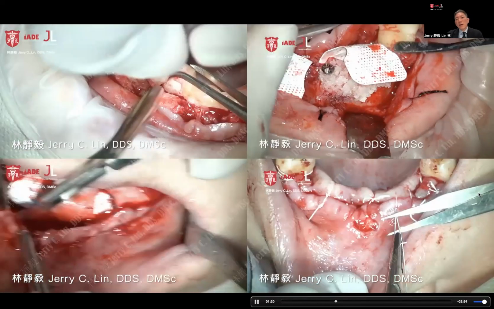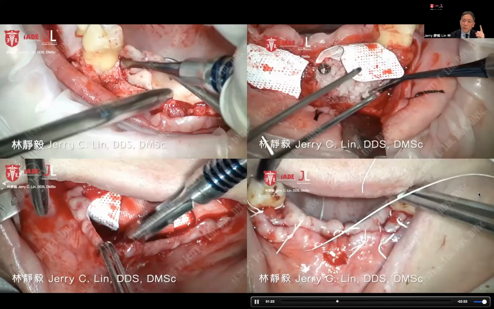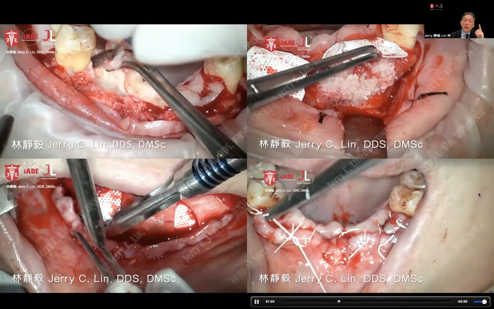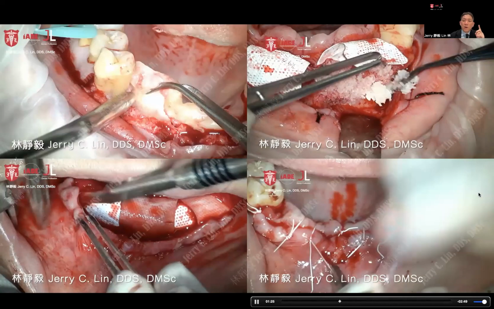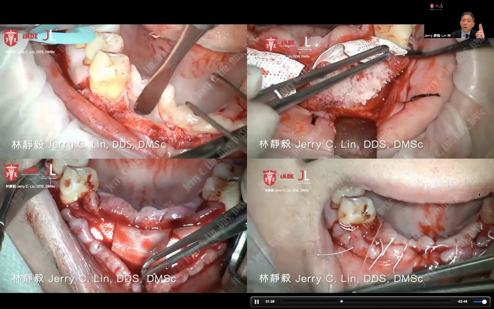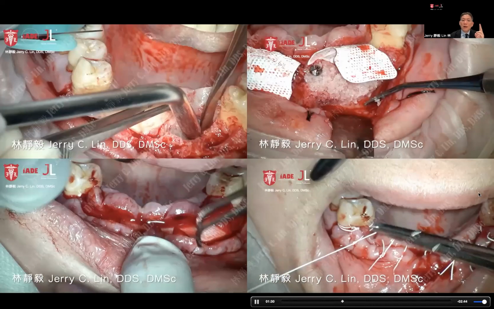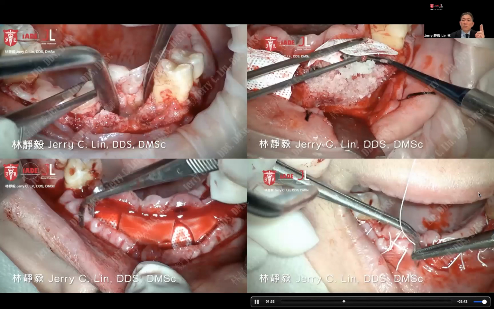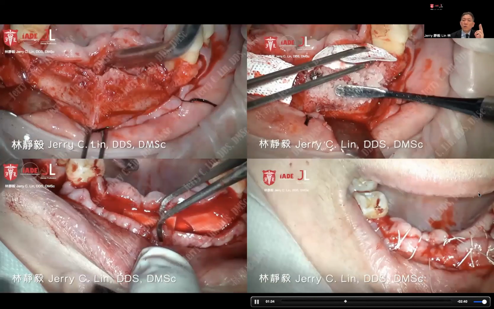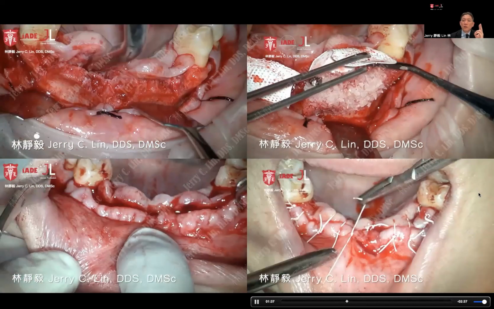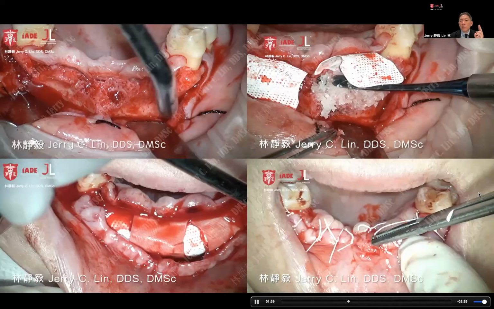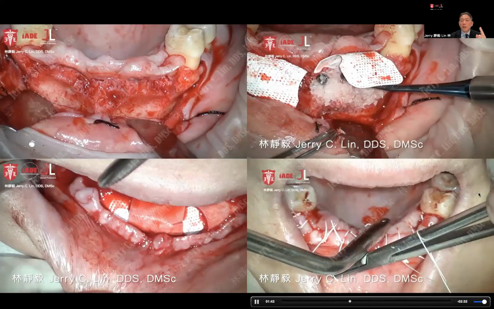So just like in those cases I did, building up the bone is the top priority. And after we have good bone, we can place the implant in the right and proper position. And later on, we'll consider soft tissue, to build up good soft tissue to protect the bone and to have a good aesthetic look.